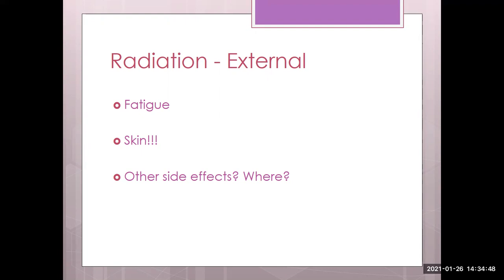If you're having head and neck radiation, then you might see the irritation, the mucositis, the irritation to the oral mucous membranes, or the xerostomia, which is the dry mouth. So just remember that with external radiation, it's targeted. So it's going to be specific to the area in which it's going.